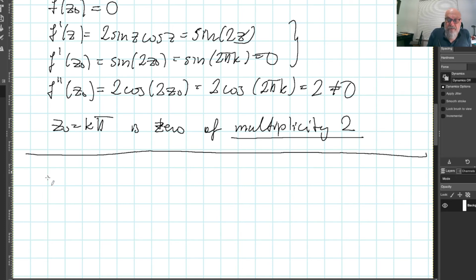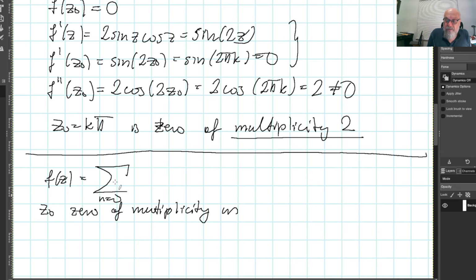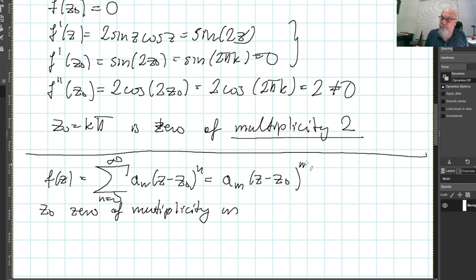Notice that if you have the function f of z and z0 is a zero of multiplicity m, that means you can write your power series, the sum from n equals 0 to infinity of a_n times (z minus z0) to the power n, as a power series that starts with the mth power: a_m times (z minus z0) to the power m, plus a_(m+1) times (z minus z0) to the power m plus 1, and others.